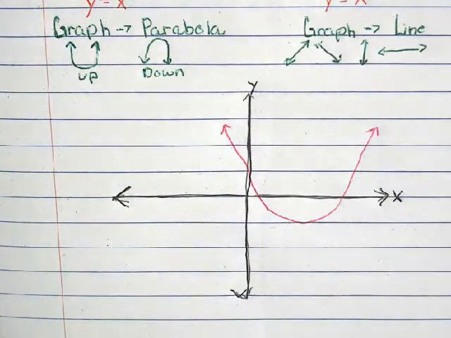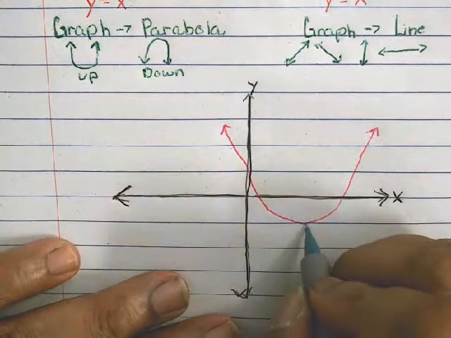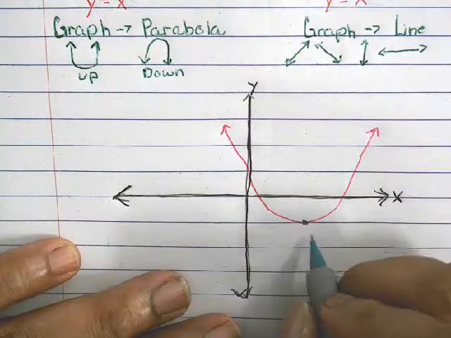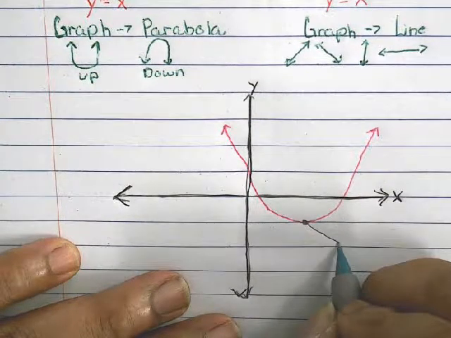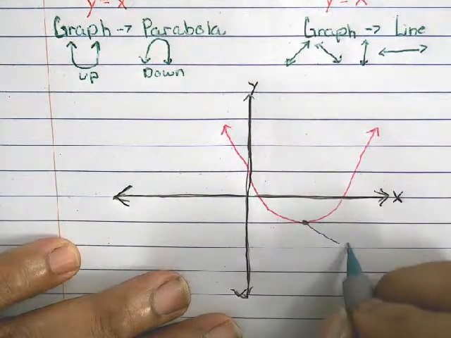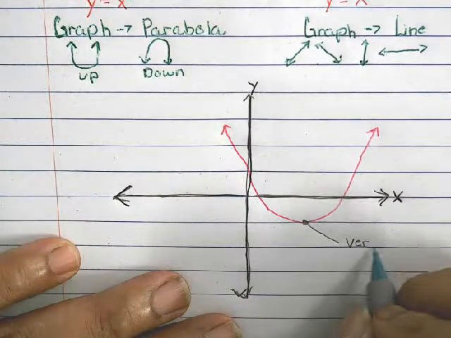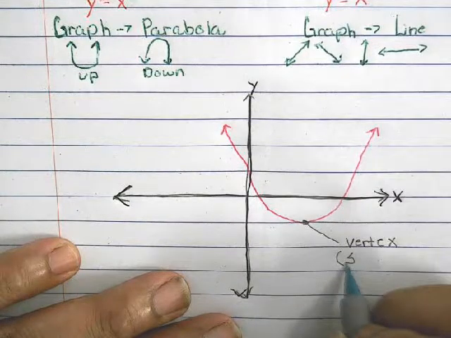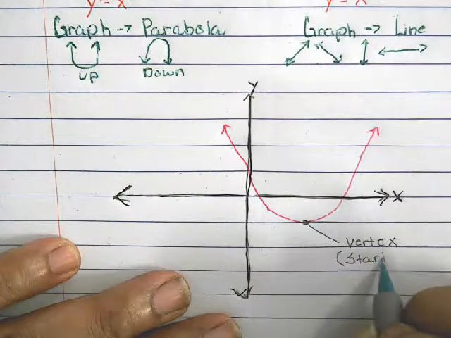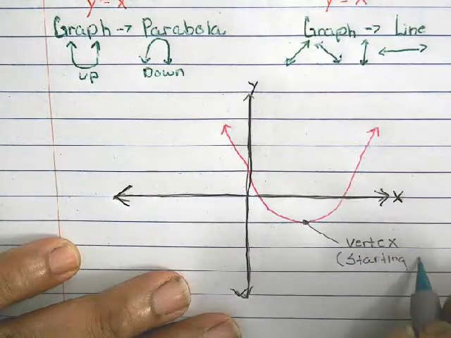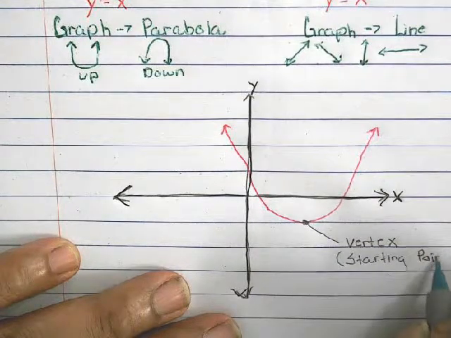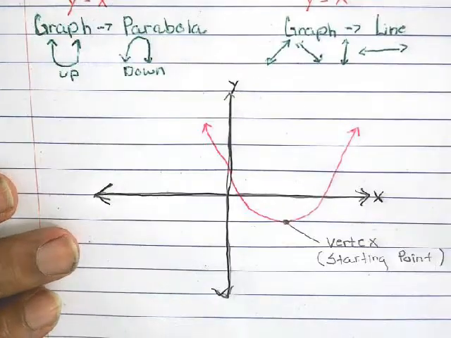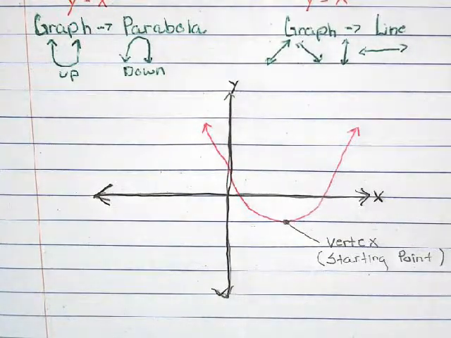The parts of the parabola that we're going to do this year. First, this very bottom point right here is the vertex. Starting point. Whenever we graph, that's where we're going to start.